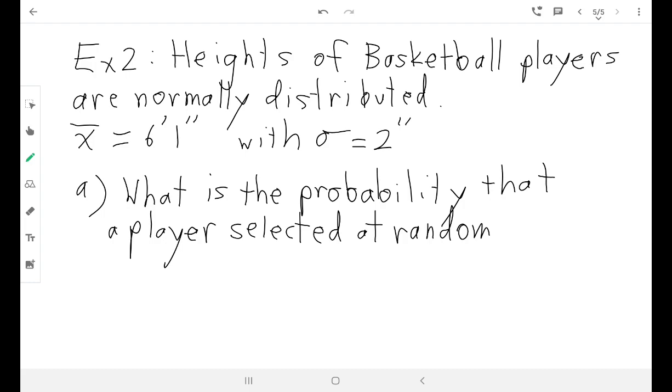So what is the probability that a player selected at random is shorter than 5'9"?